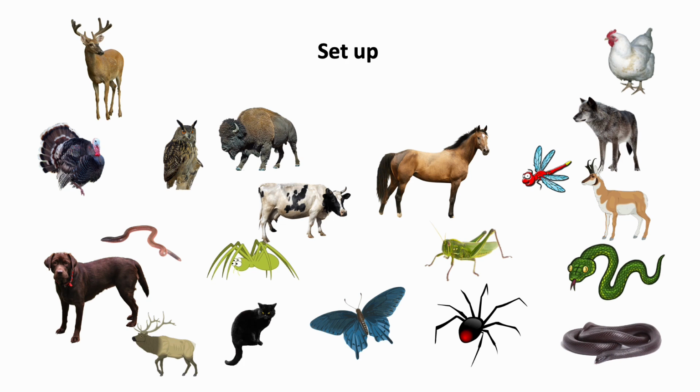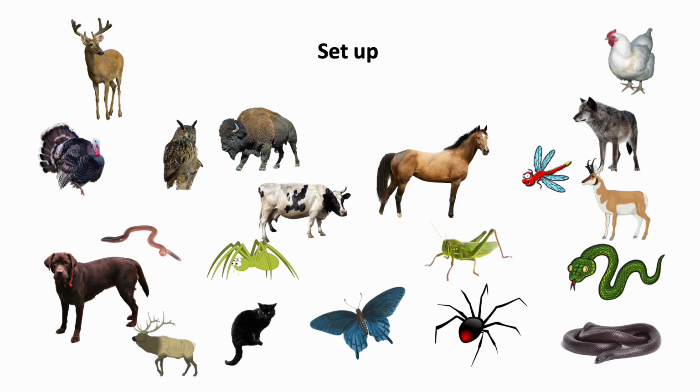Okay, to set this up, if you have a large screen TV in your classroom, you can make your own slides and put them up there. Or I always prefer to use the animal props.